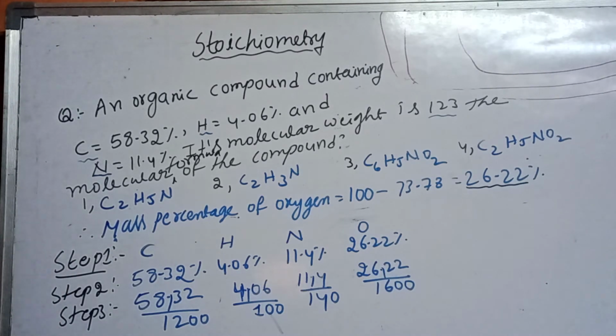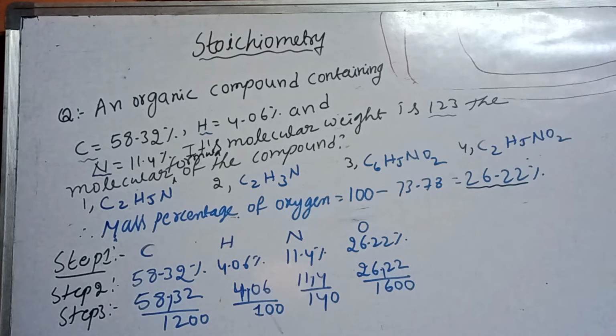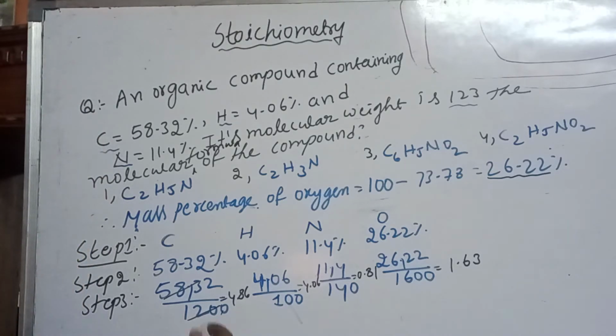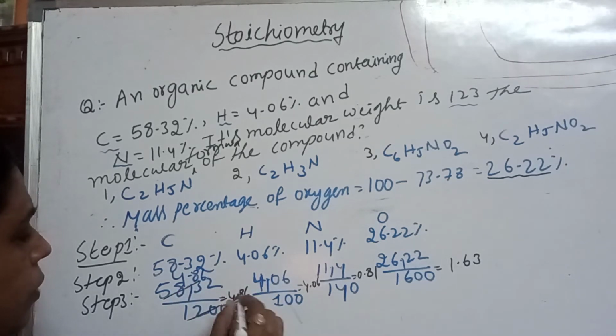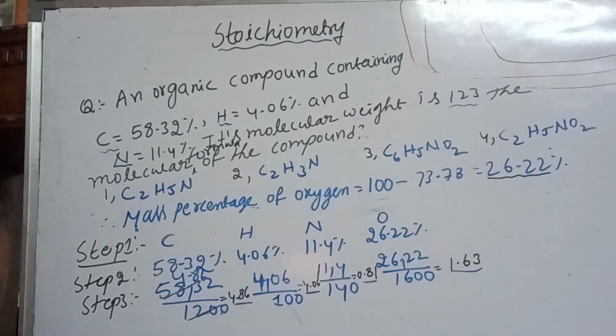After calculation you will get the ratios: first 4.86, then 4.06, 0.81, and 1.63. These are the ratios of the different elements.